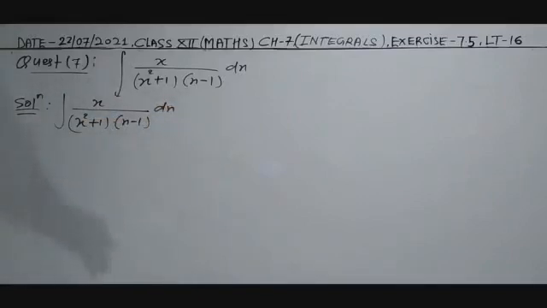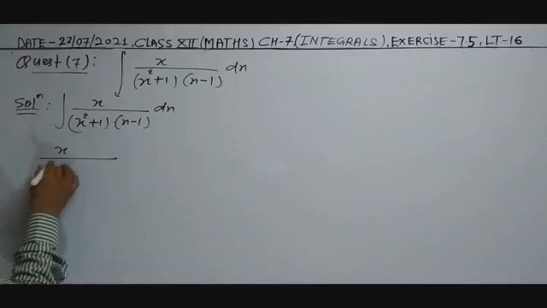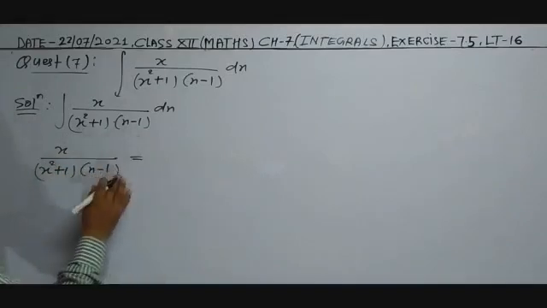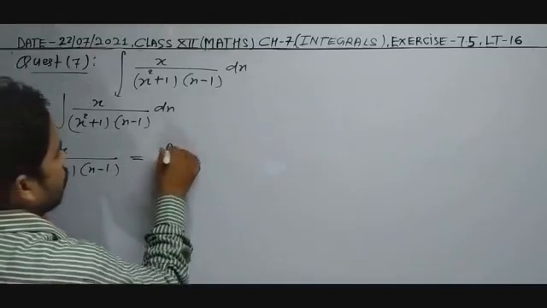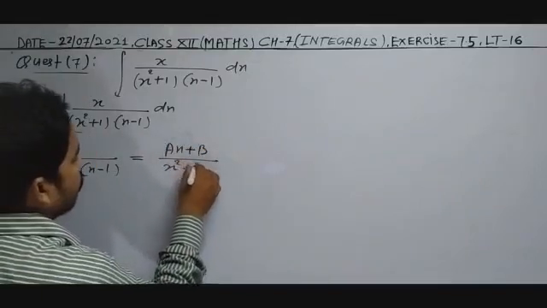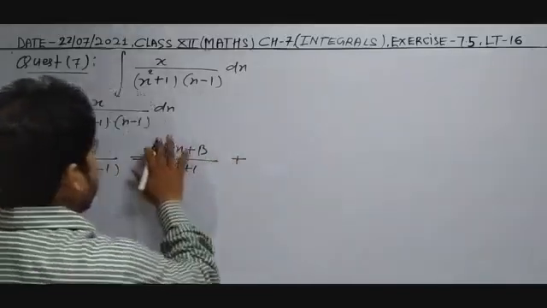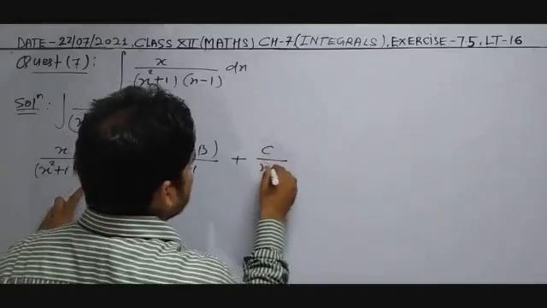Now fraction we can write x upon x square plus 1, now x minus 1. This is quadratic, so in numerator you will take linear part. So (ax plus b) upon x square plus 1 plus c upon x minus 1.